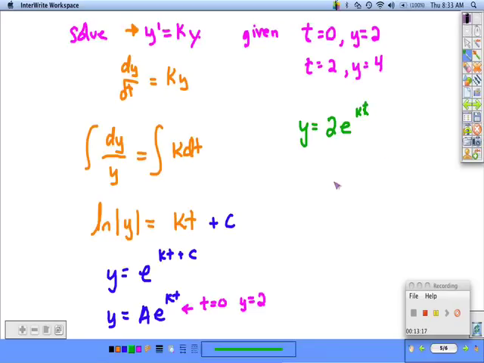We still don't know what k is, but we can use the other initial condition and say 4 equals 2e to the kt. 2 equals e to the kt, natural log 2. I should be putting in 2 for t.